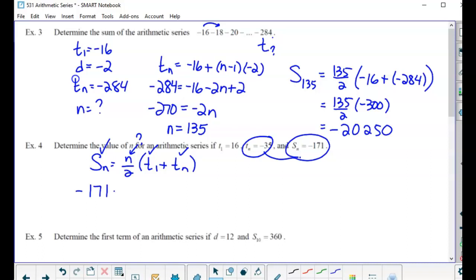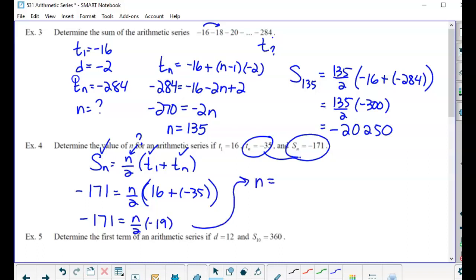Just substitute in, and solve for n. So n equals 18 when you solve that.